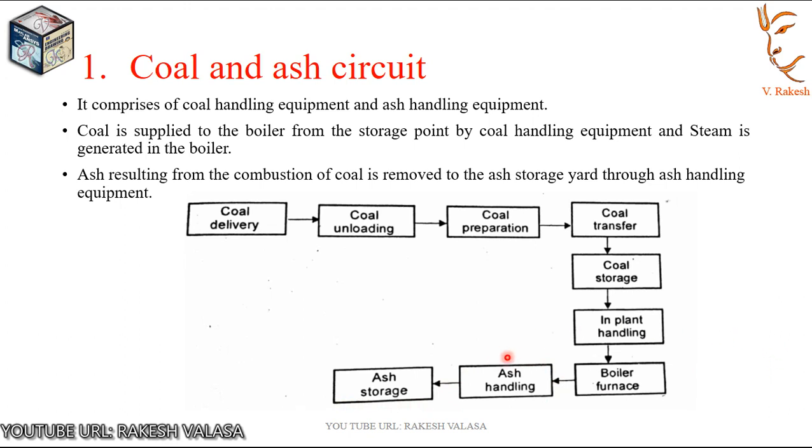This coal handling and ash handling equipment consists of screw conveyors, belt conveyors, and so on. Coal from storage is fed to the boiler through coal handling equipment for generation of steam. Ash produced due to the combustion of coal is removed and transferred to ash storage through ash handling equipment.